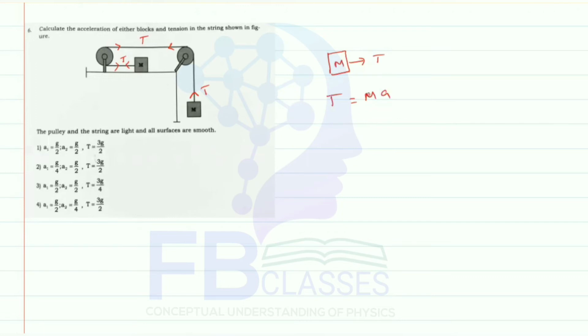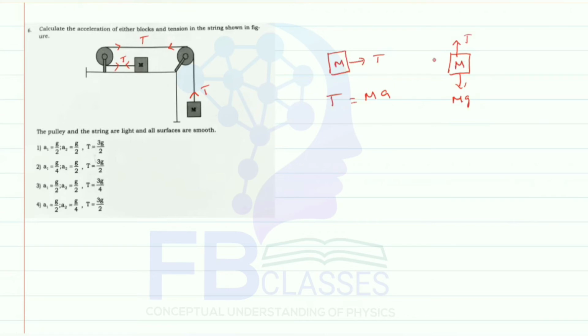Yes or no? T is equal to m into a. Now if I draw the second free body diagram, for the second block which is hanging vertically downwards, the tension is upward and downwards is mg, so capital M into g. Here the mass is given as capital M only.